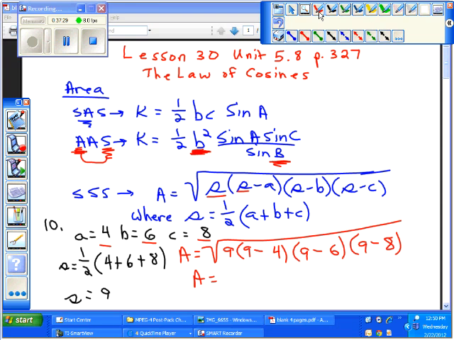And we'll stick that in the calculator and hit enter, and we get 11.6 for the area. Any questions on number 10? Okay. Finding the area of a triangle given the sides only. Okay, they got that? So we'll do number 11.